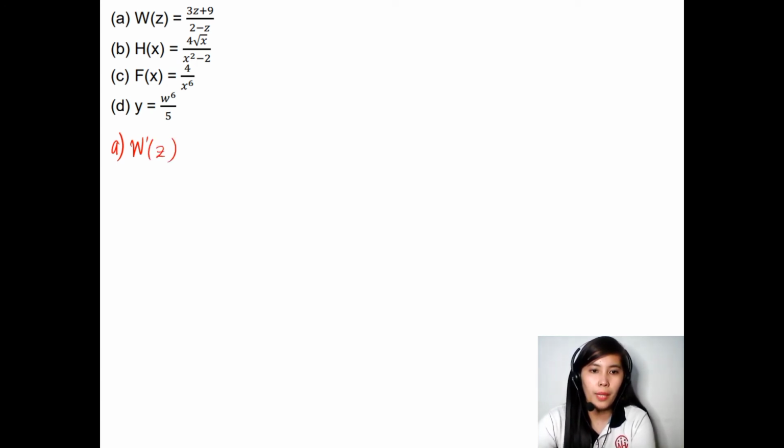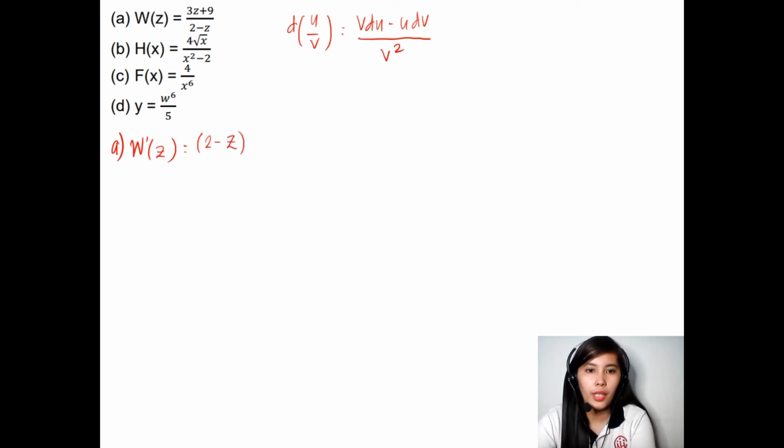So our w prime of z is equal to, the derivative for u over v is v du minus u dv over v squared. So v is 2 minus z, du, the derivative of u, is 3, minus u, 3z plus 9, times the derivative of the denominator, which is negative 1.